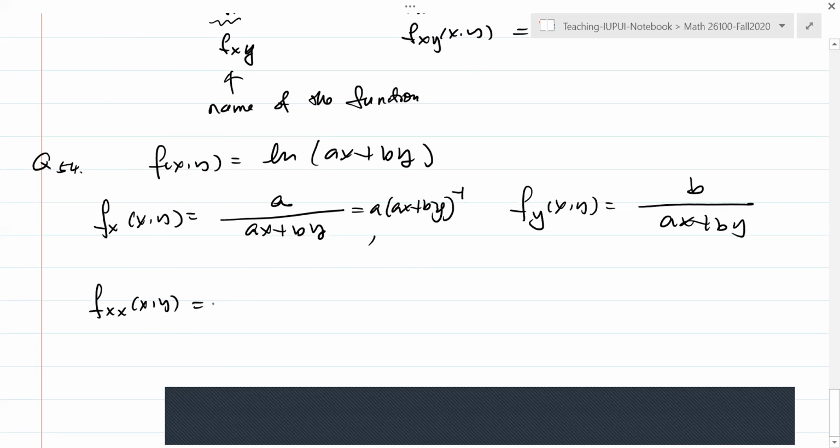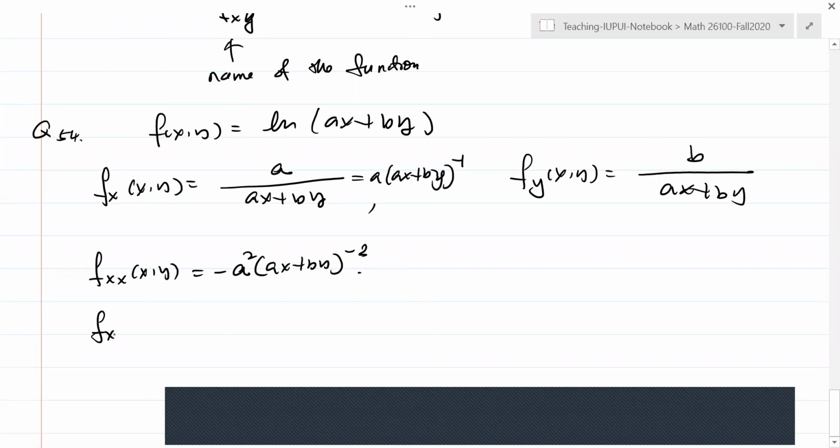It will be negative a times ax plus by to the negative 2, then the derivative of the inside function with respect to x gives a, so that's negative a squared times ax plus by to the negative 2. Then differentiate the same function above with respect to y. I get negative a, then ax plus by to the negative 2, then differentiate the inside with respect to y. You get b, not a, so we get ab.